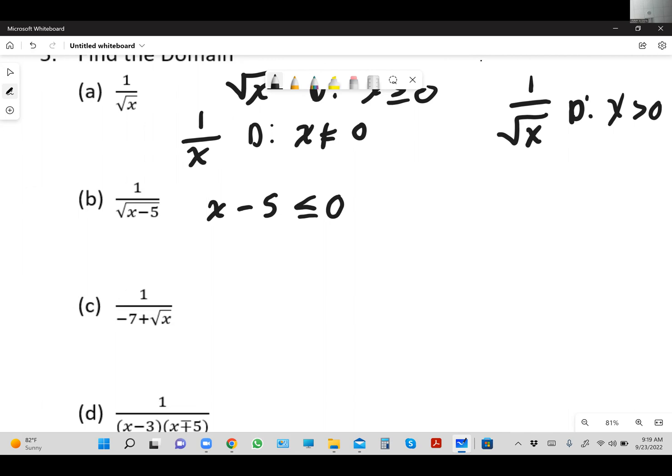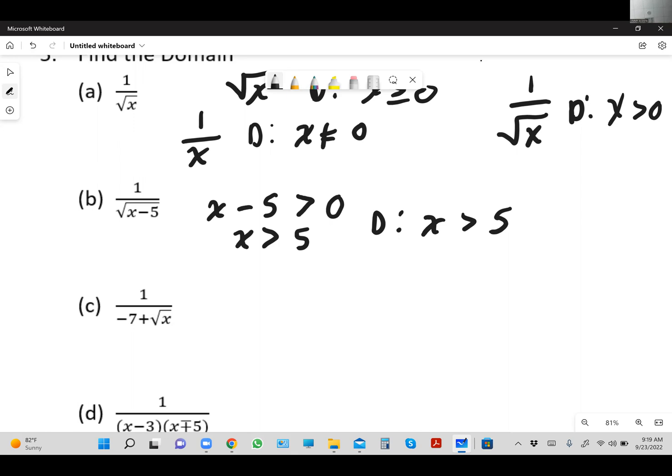When that is true, that is what I can't have. So you always have to think opposite. When is x minus 5 gonna be greater than 0? Because you know it can't be 0 and it can't be negative. And when you solve this, that is your domain. x must be greater than 5. Does that make sense? There you go. Good.